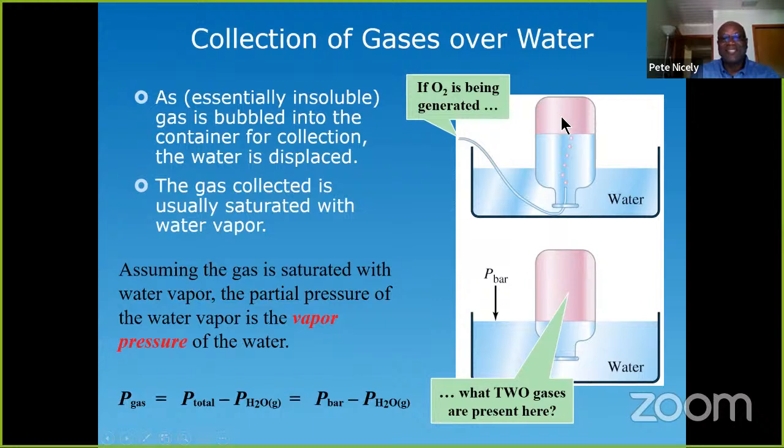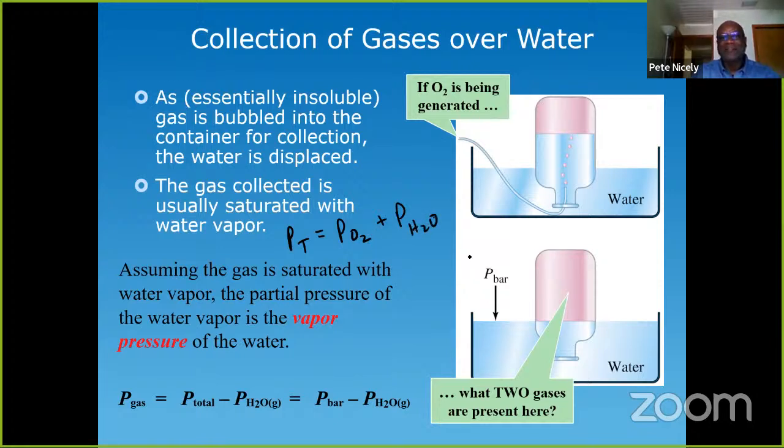So as stated here, the gas that is collected, in this case oxygen, will be saturated with water vapor, right? So if you can determine the vapor pressure of the water that is collected along with the oxygen, then the total pressure of that mixture would be equal to the pressure of the gas collected, which in this case is oxygen, plus the vapor pressure of water.